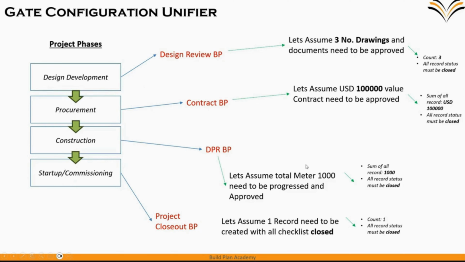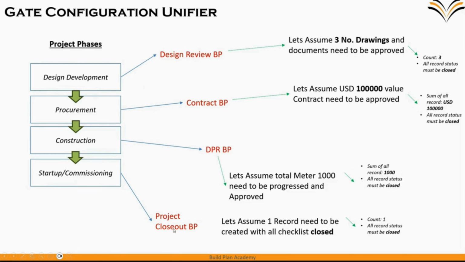It will not check how many records were approved. It will just check whether 1,000 has been achieved as a sum of all records, and definitely the approved and closed status of the records. If these two criteria are met, it will go to commissioning.